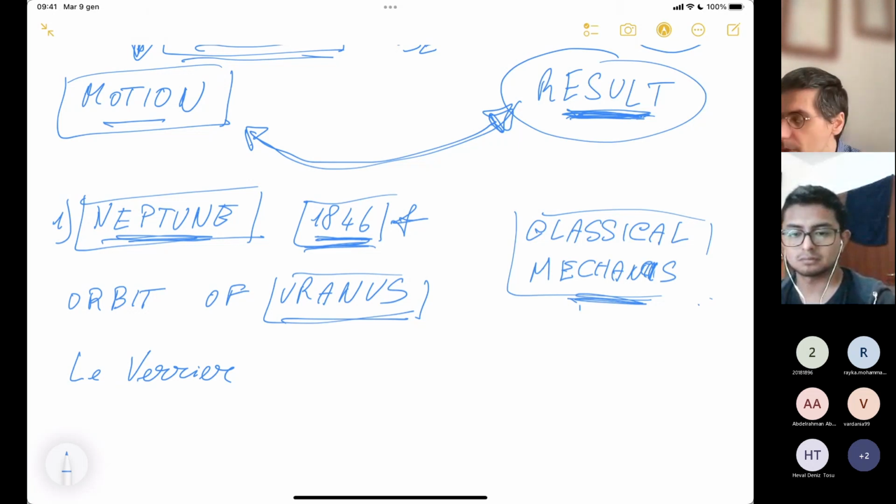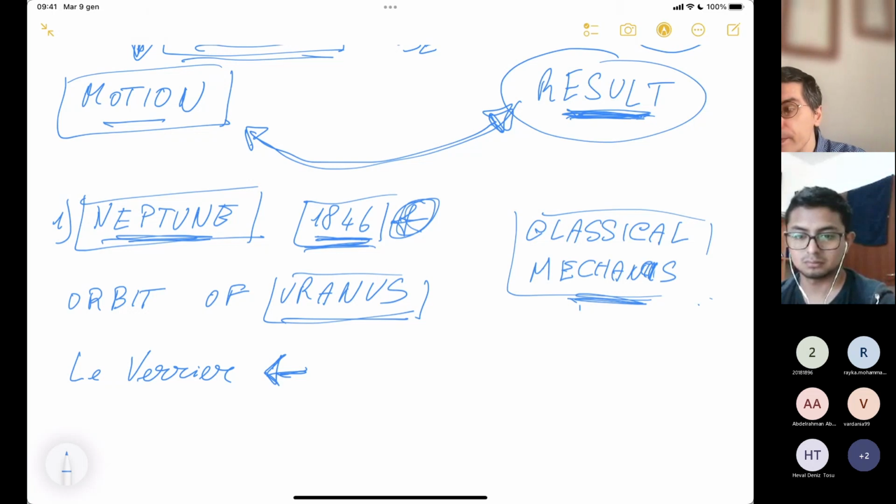And so an astronomer, a German guy, in 1846, starting from the calculation made by Leverrier, effectively saw something, and this was the discovery of Neptune.